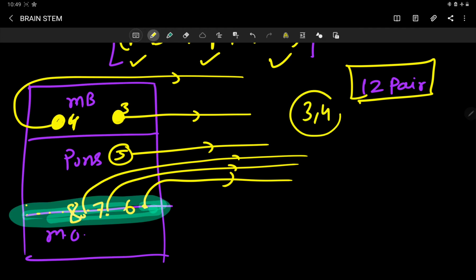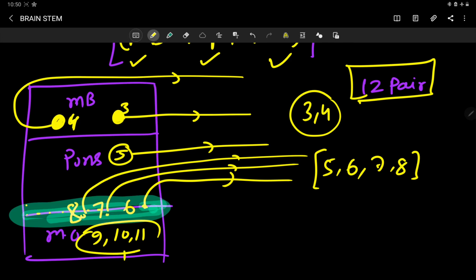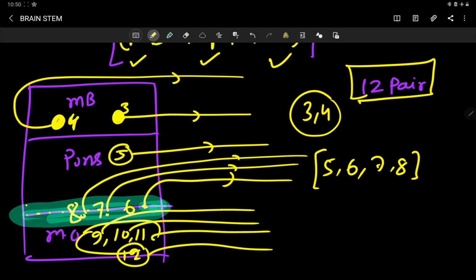So 3 and 4 from midbrain, 5, 6, 7, 8 cranial nerves from the pons, and the remaining 9, 10, 11 from the nucleus ambiguus of the medulla oblongata, and 12, the hypoglossal nerve. So 9, 10, 11 and 12 are emerging from your medulla oblongata. So you can see the cranial nerves are emerging out from the brainstem region. And what about the 1st and 2nd cranial nerves? These two are actually inside the cranium.